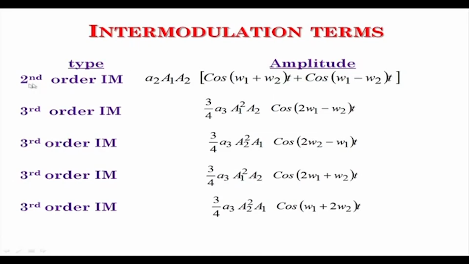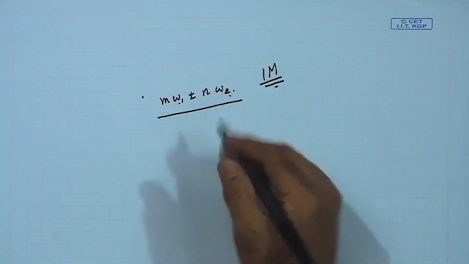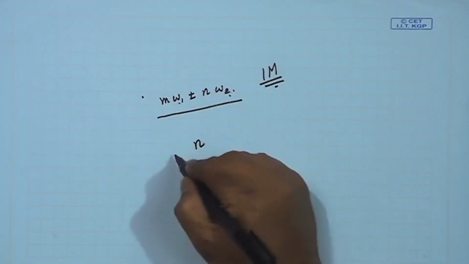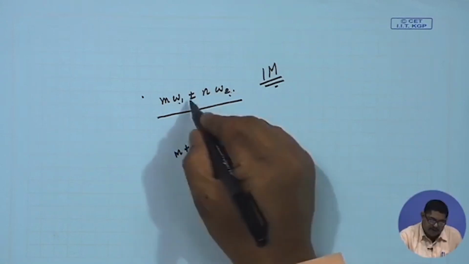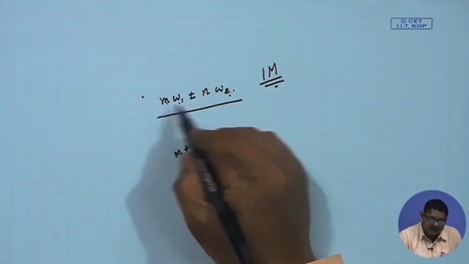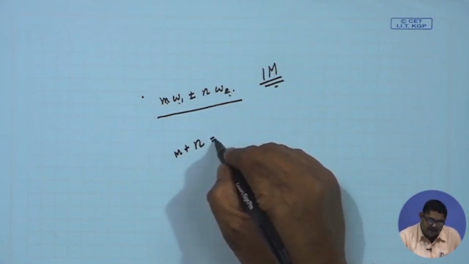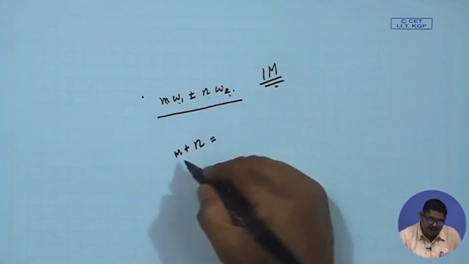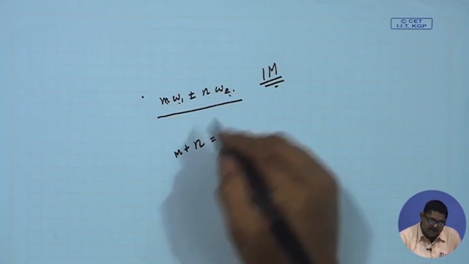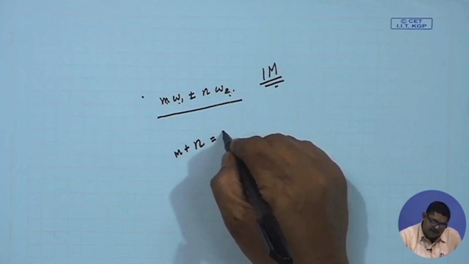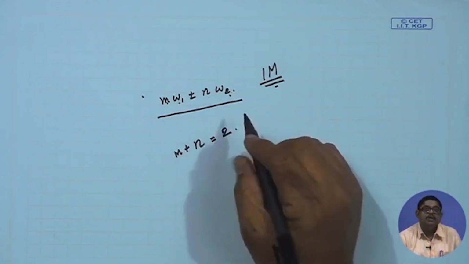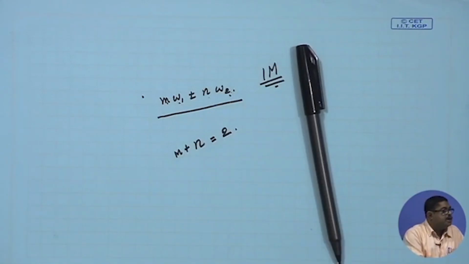Now, what is second order IM? Whatever the plus or minus sign may be, if M and N are integers and M plus N is 2, it is called second order IM.